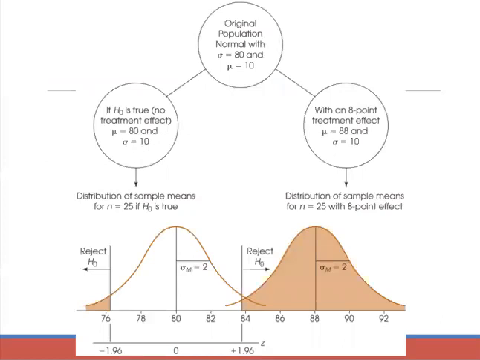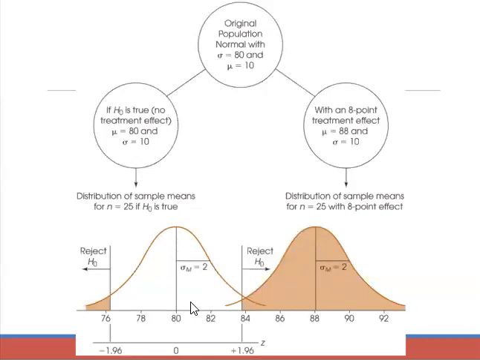This is just a demonstration of what we're studying. The left side is a distribution of the sample means if the null hypothesis was true. You can see the critical regions are in these tails. The right side is what would be added if there were in fact an 8-point treatment effect. What you can see is that virtually every possible sample mean would be in the critical region.